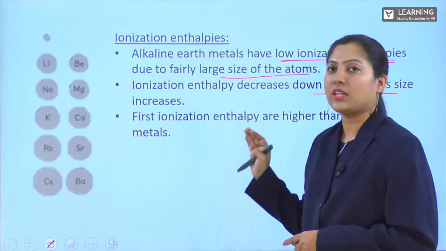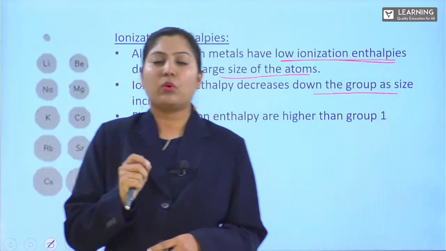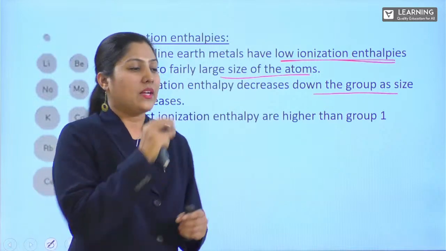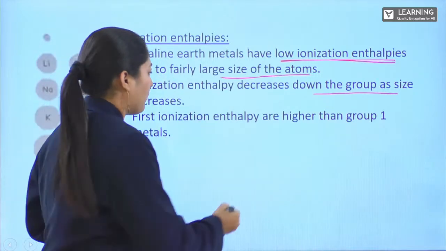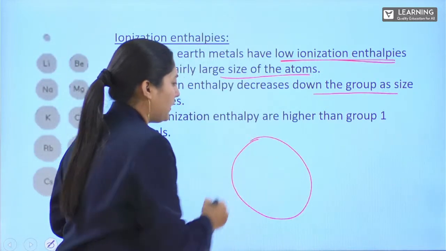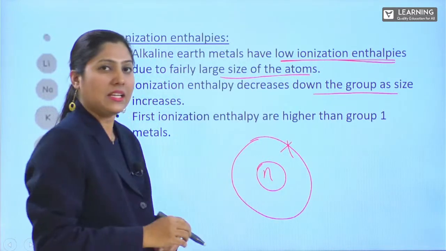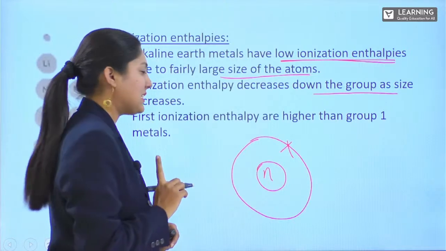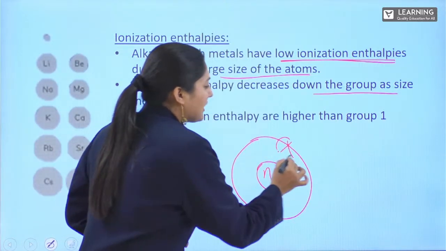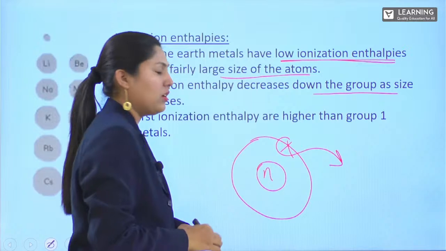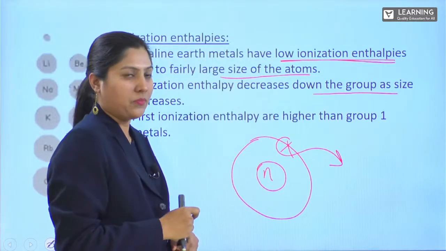First ionization enthalpy means removal of one electron from the outermost orbit. This is the nucleus where one electron was present in the first group elements, that is alkali metals. So I can easily remove this electron by giving some energy, right?